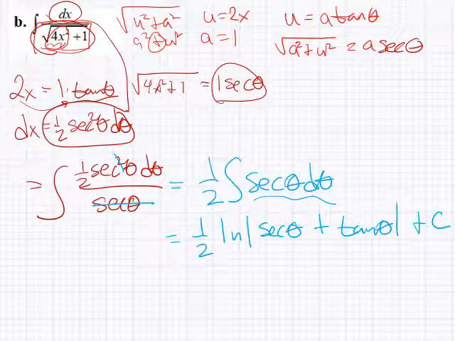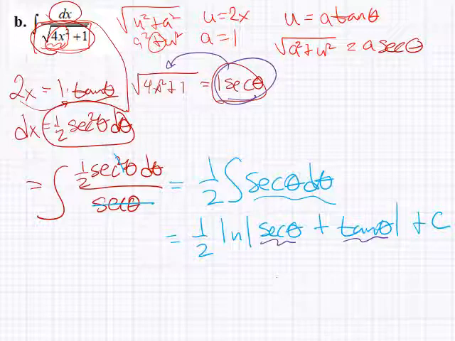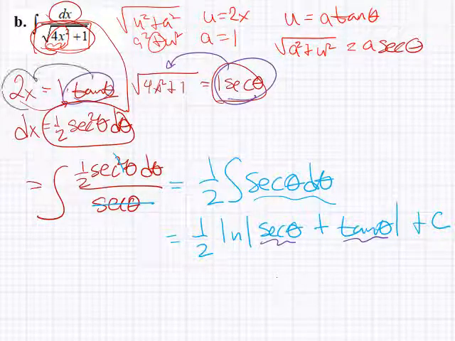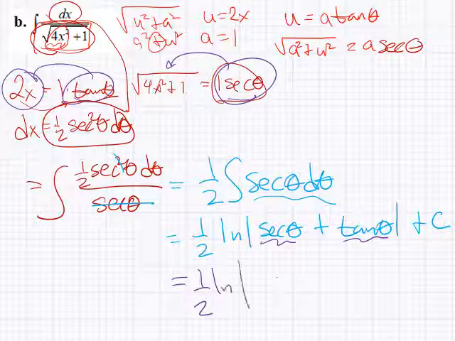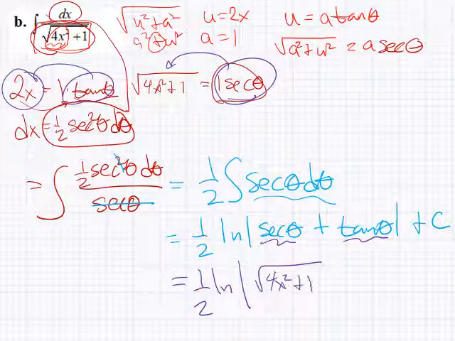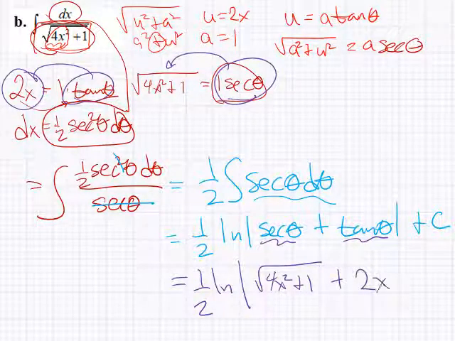Well, that's all well and good, but now remember, resubstitute. Well, what do we see up here? Secant theta equals this, tan theta equals this. So put them in. 1/2 log of square root of 4x squared plus 1 plus 2x plus c.